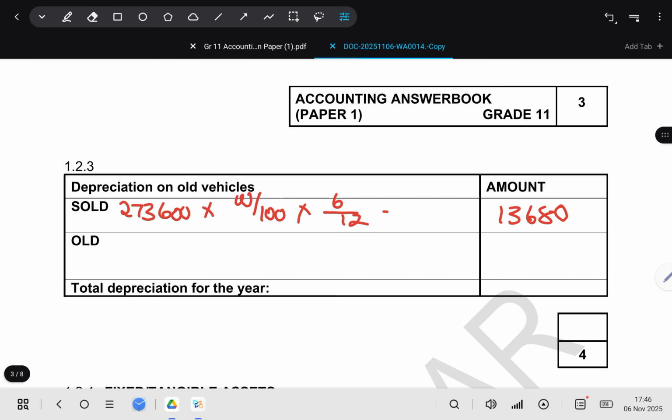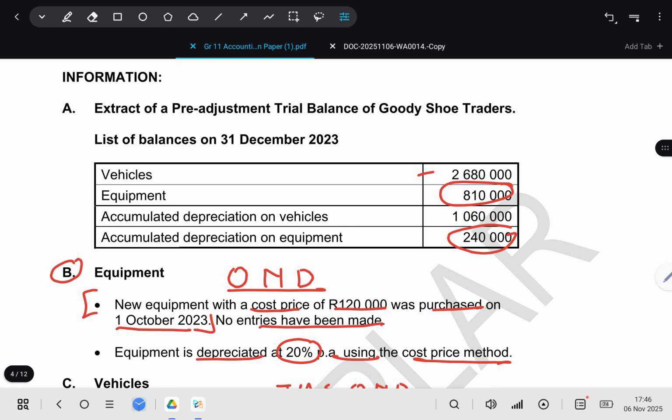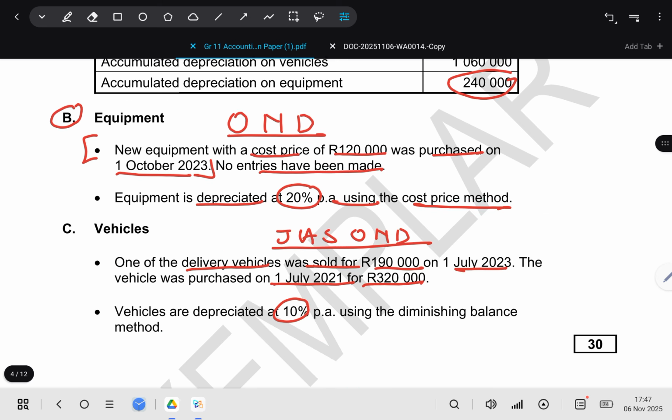Now, when you calculate the old, guys, it's very important for you to make sure that you get rid of the one that was sold. Now, when you check our vehicles when we started, they amounted to 2,680,000. Remember, this 2,680,000 includes the one that we sold, so we need to take it out.